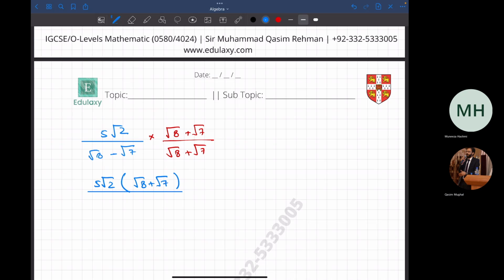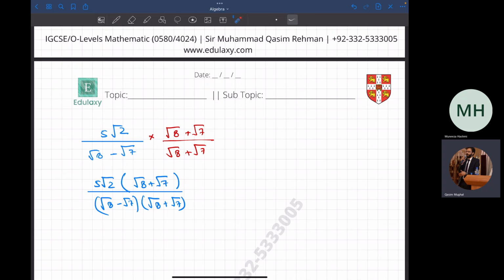In the denominator, root of 8 minus root of 7 times root of 8 plus root of 7. So this is a minus b times a plus b, isn't it? Yes. All right, so we'll be applying the identity in the denominator, but we won't be able to do the same for the numerator. So in the numerator, 5 will stay as it is.